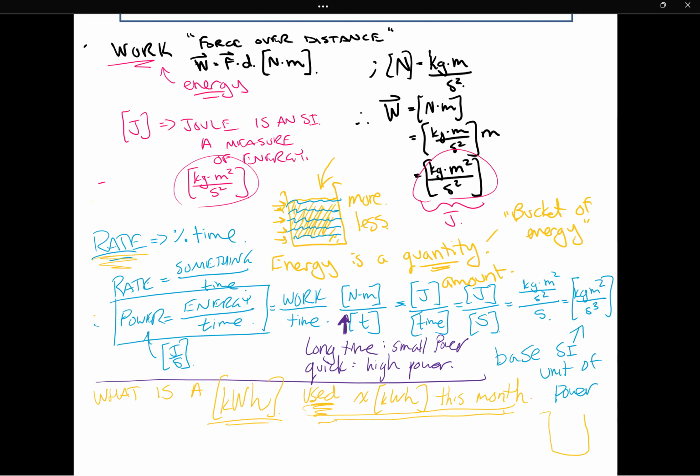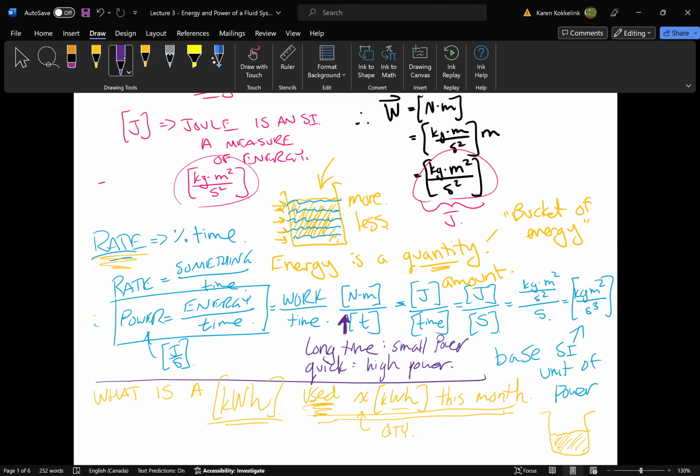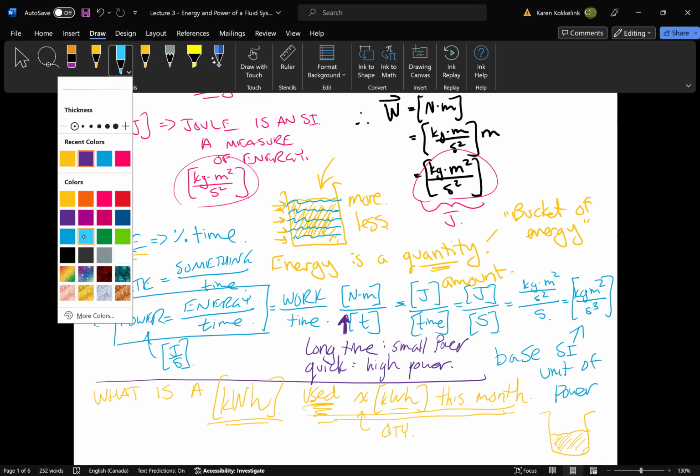It's referring to a bucket and you used this much in it. So I would hope that if I'm going to use a quantity this month, then the kilowatt hour is actually a measure of a quantity. Or sorry, of energy, not power.